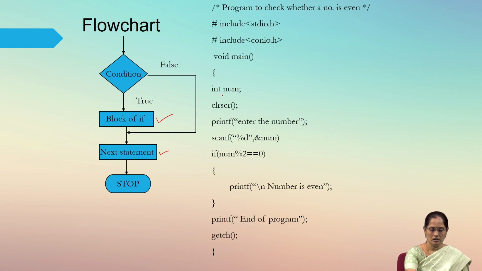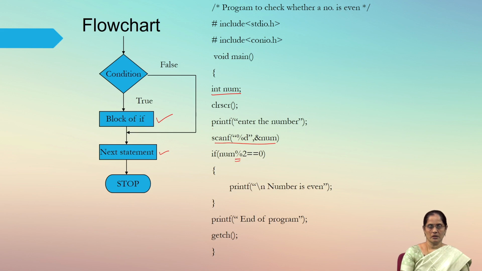So, we will take an integer named num, and we will use a printf statement to enter the number, and we will read the number through a scanf statement. It checks for a condition. What is the condition that it checks? num mod 2. This mod operator will give the remainder of division.